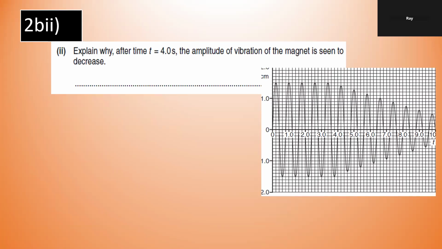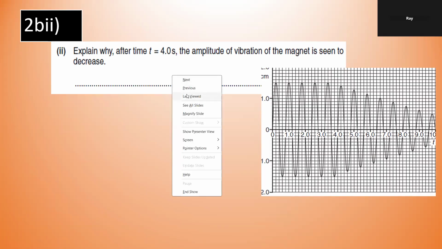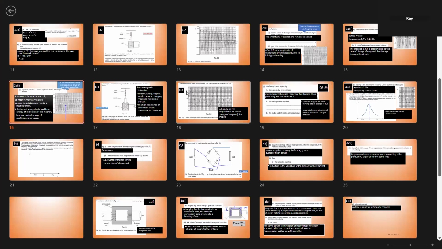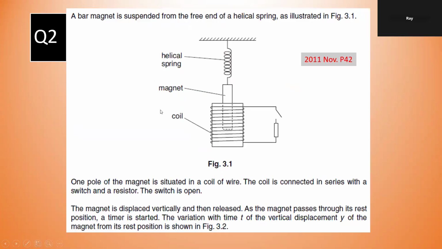Explain why after 4 seconds, the amplitude of the magnet seems to decrease. Yeah, you close the switch, it's slight damping. So how?